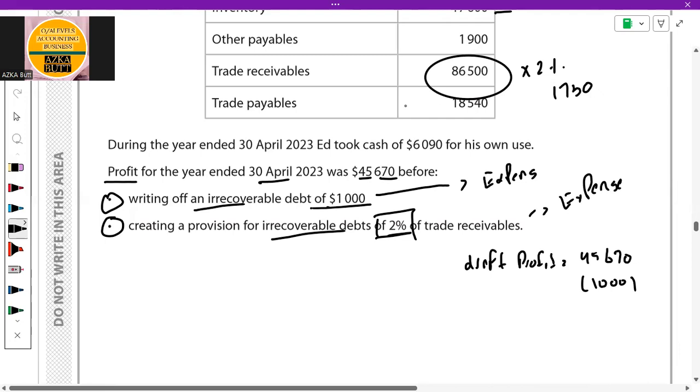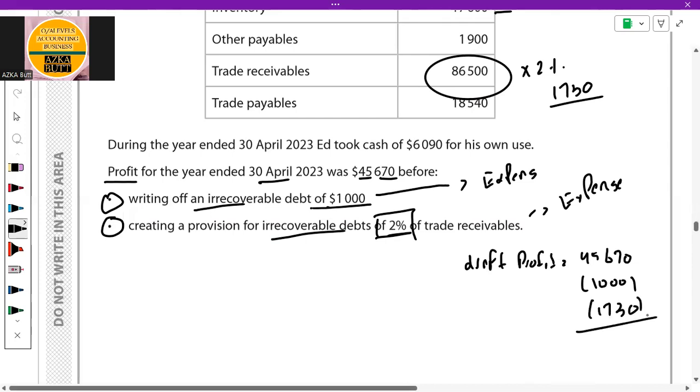So the 2% of the total receivables of 86,500 is 86,500 multiplied by 2 divided by 100, which is 1,730. Now we have to deduct it.